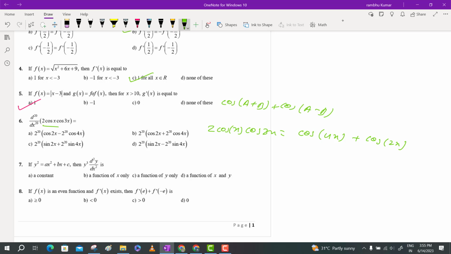Got it? So you can consider this one as a, this one as b. Anything you can consider, the answer will be the same.